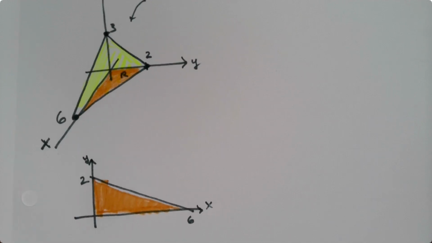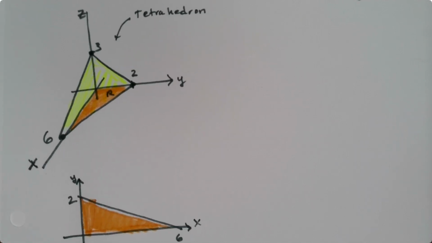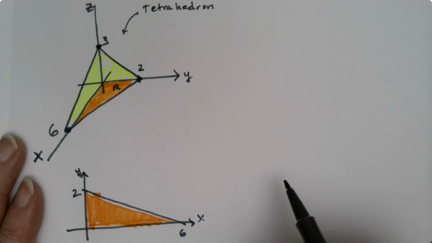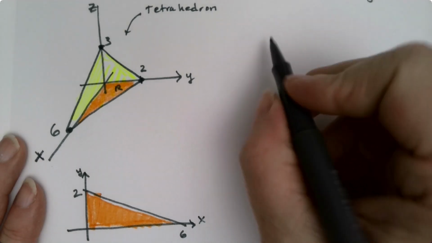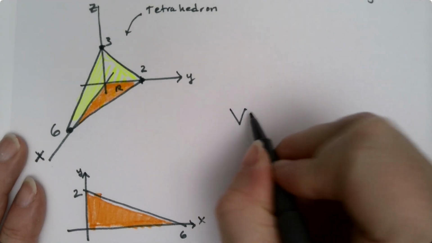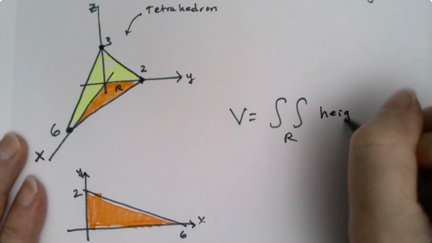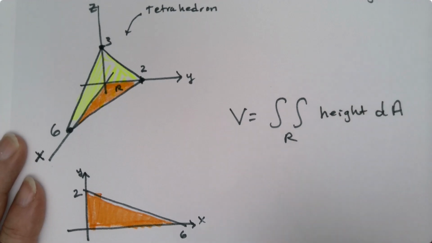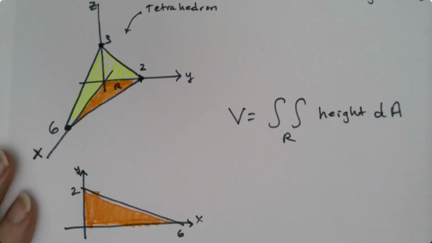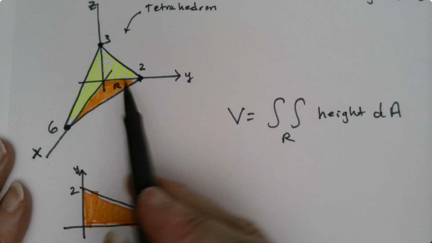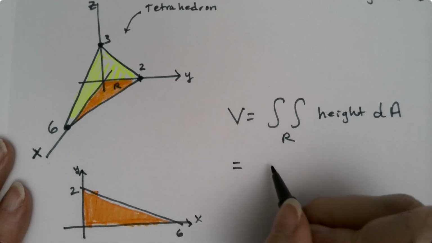So now, which way do we want to go? Well, the answer is you can kind of go whichever way you like with it. It doesn't make a ton of difference. But first, let's think about setting up our integration. So for our double integral, the volume is equal to the region, the height function, dA. And again, we can do this in any particular direction. There's nothing special about the xy plane, but we chose the xy as our region, so that's fine.